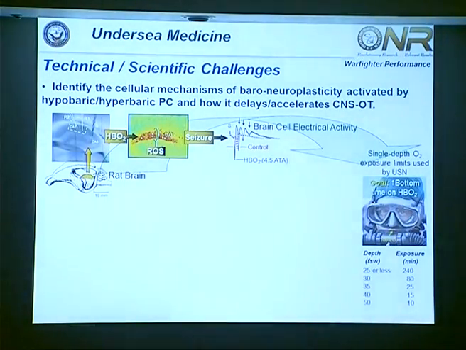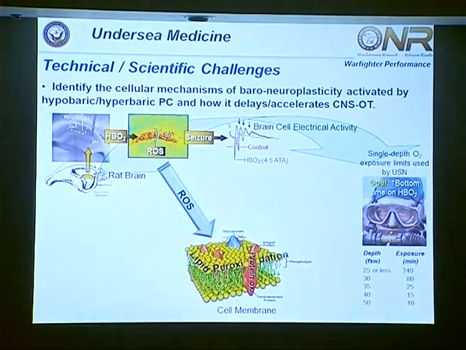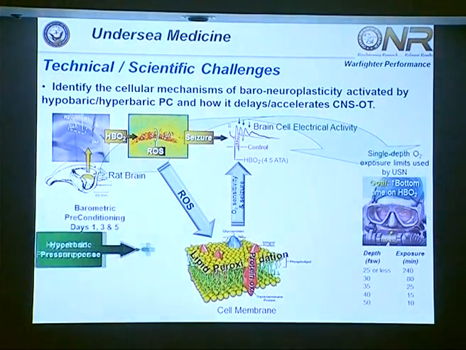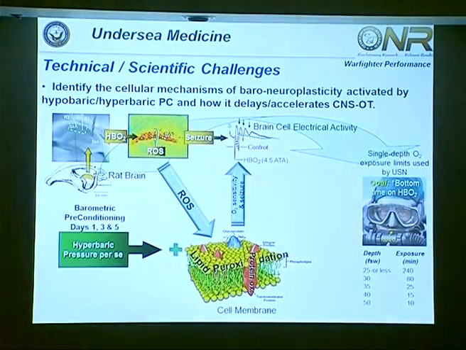It's taken us quite a lot of work just to get to this point, and obviously what we would like to do is precondition animals, start taking slices from them and looking at the cellular level what's going on, and then of course at the signaling level too. But what's clear is that the oxygen sensitivity, how the membrane is responding to ROS and to RNS and making the animal have seizures, is being modulated by this preconditioning pressure.